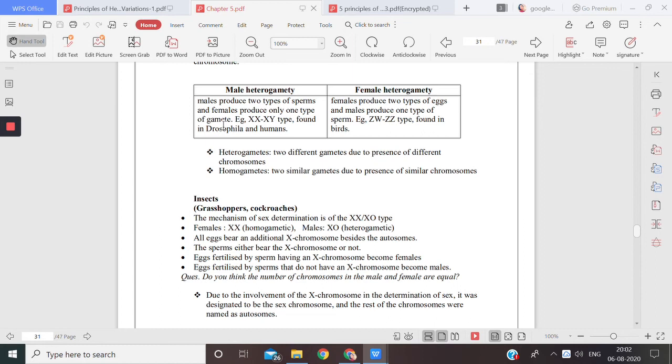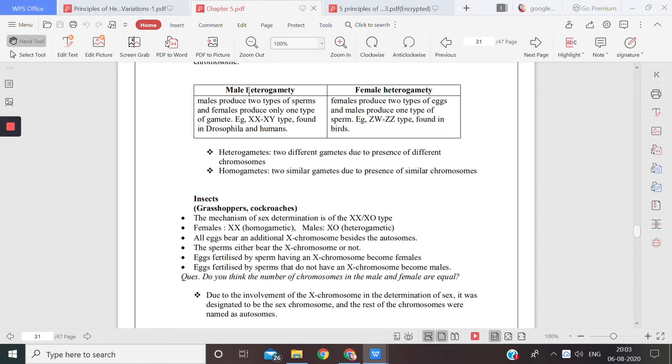We do not produce Y, so we are not heterogametic. Hetero means different types of gametes. Females do not produce different types of gametes. They produce only one type of gamete, and that is X. But human males produce two types of gametes, either X or Y.